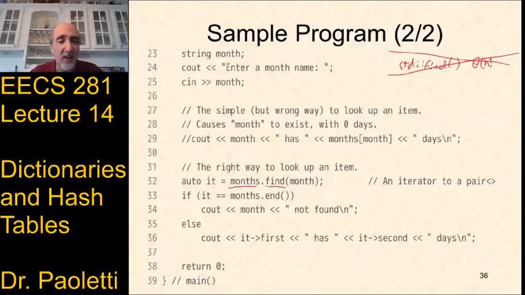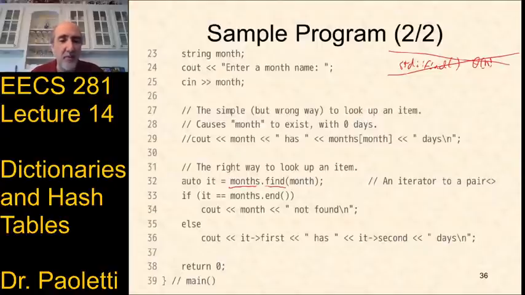It returns an iterator. I used auto here because I didn't want to type the whole name. The whole name would be unordered_map, angle brackets, string comma int, ::iterator. Auto's a much easier way to get at that. So I say, hey, call months.find with this month. It returns something, and the compiler figures out the type for me.